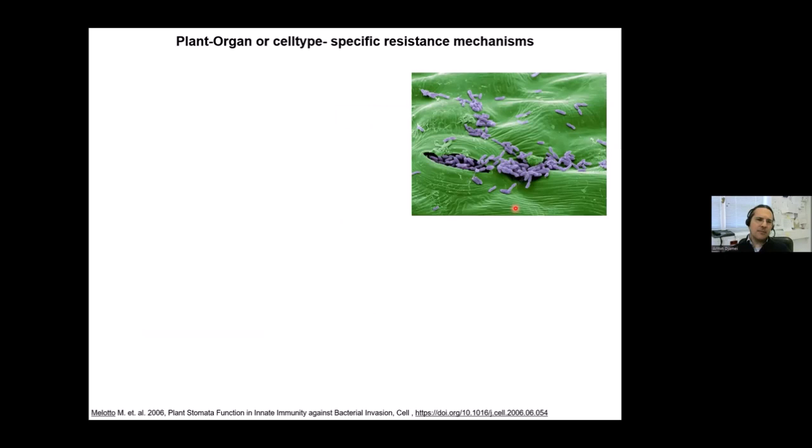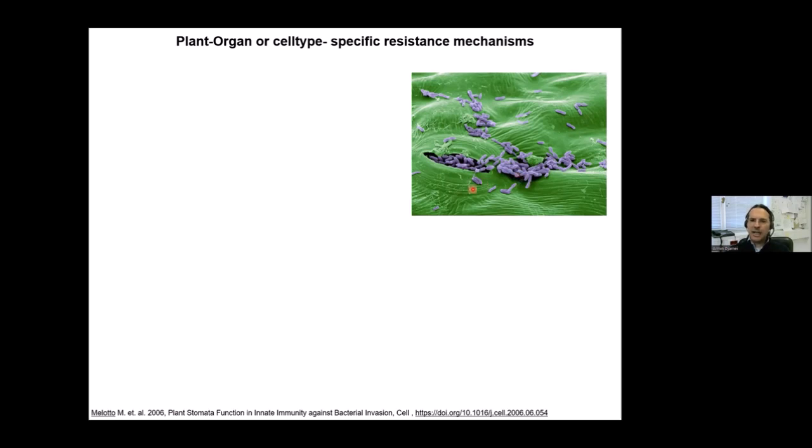Part of this organ and cell type specific defenses is also the stomata. The stomata are formed by guard cells, which are regulating the incoming and outgoing air flow for a leaf in order to breathe and to take up CO2, but also for evaporation control. And this is an entry point for bacteria, as you can see here.